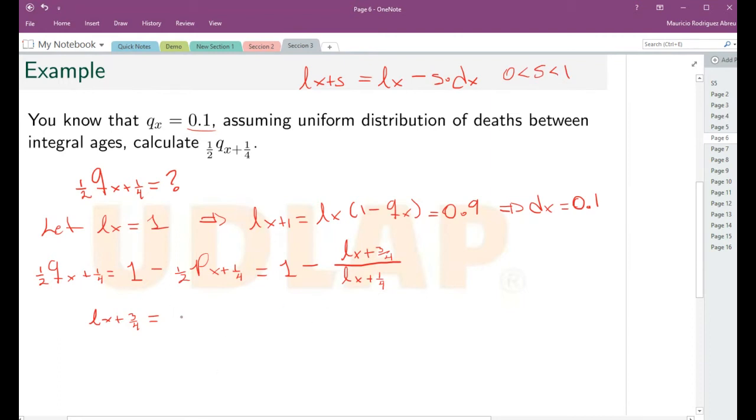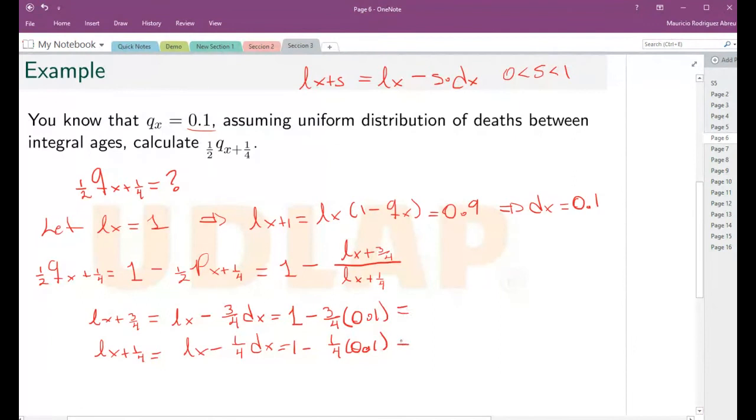Lx plus 3/4 would be Lx subtracting 3/4 of the dx, which would be 1 subtracting 3/4 of 0.1, so 0.925, and Lx plus 1/4 is 0.975.